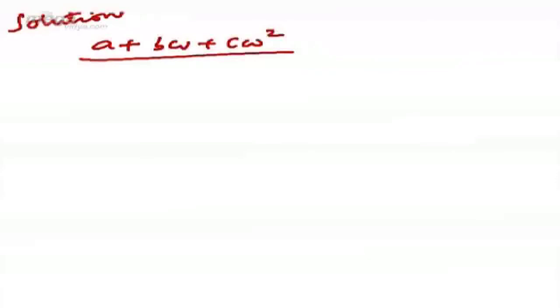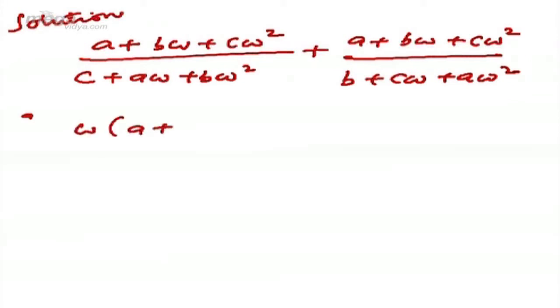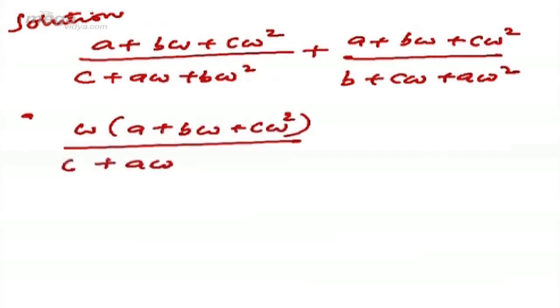The expression given is (a + bω + cω²)/(c + aω + bω²) + (a + bω + cω²)/(b + cω + aω²). Now if we multiply the numerator of the first term by omega, we get ω(a + bω + cω²) divided by (c + aω + bω²).